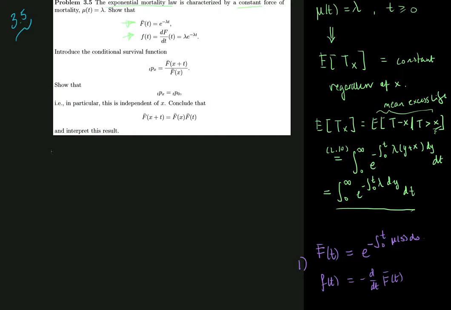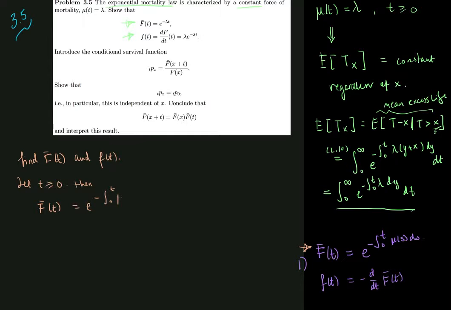So what we will look at first is trying to find the distribution function and an expression for the density function. So we will let t be greater than or equal to 0. Then, based on the formula in the book, we know that the survival function is given by the exponential of minus the integral from 0 to t of the mortality rate.